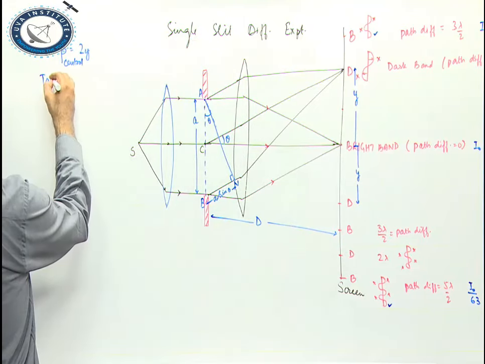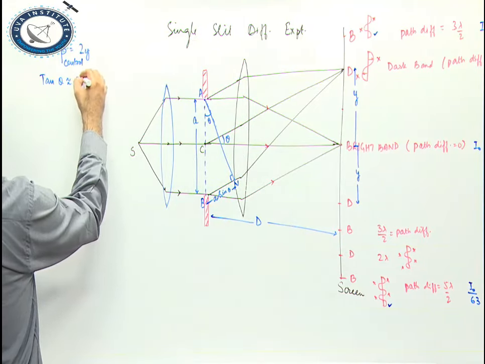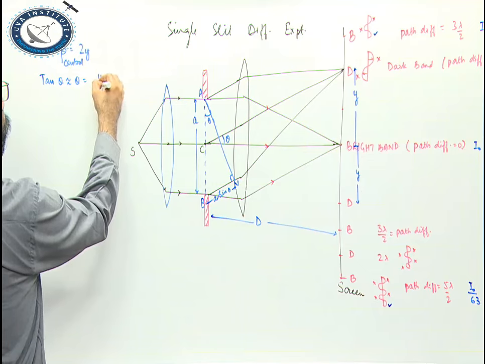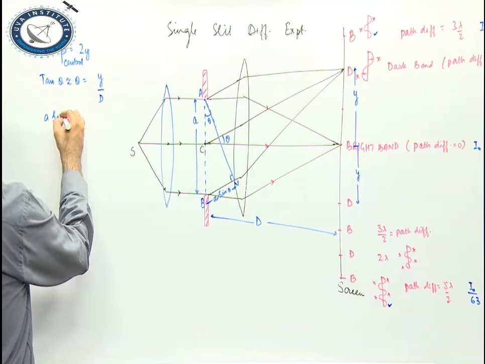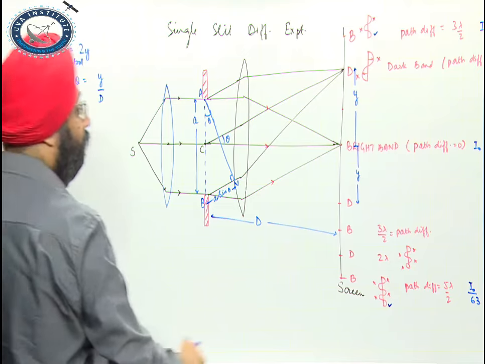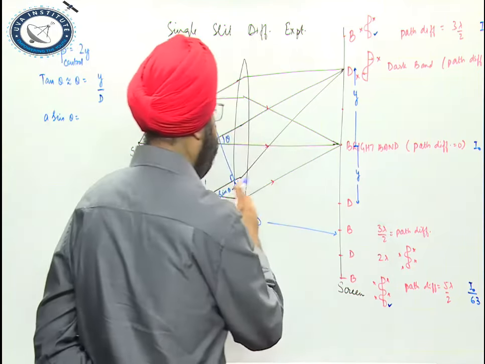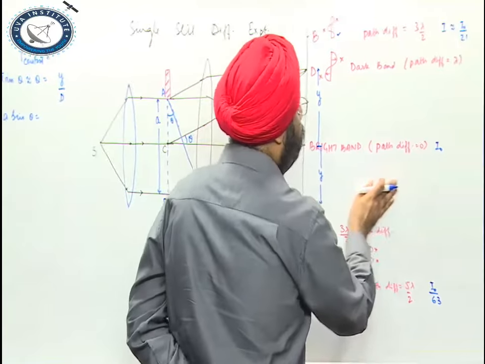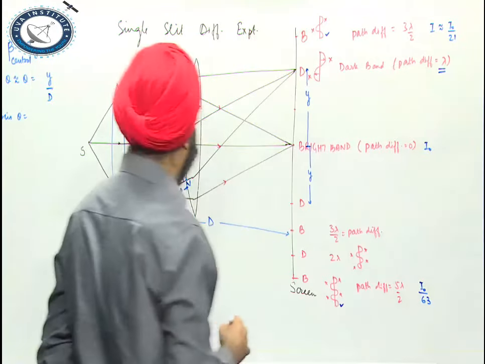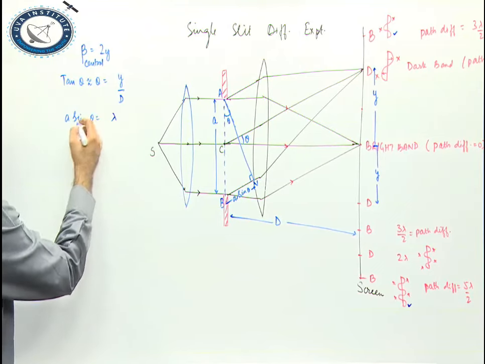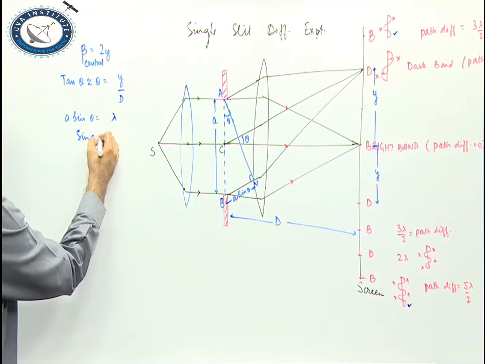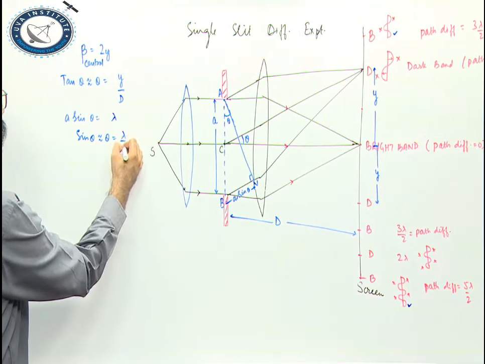Tan theta is approximately equal to theta, that is equal to y upon d. For the first dark band, the path difference is a sin theta, and it is equal to lambda. So a sin theta is equal to lambda, sin theta approximately equal to theta, that is equal to lambda by a.